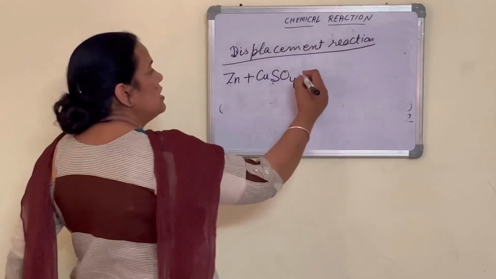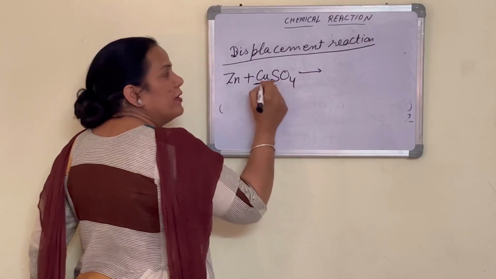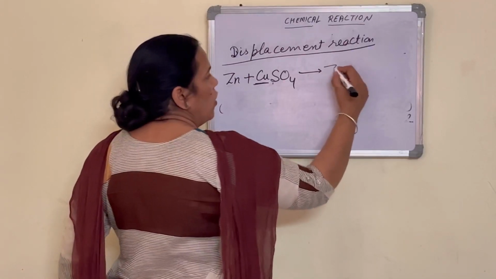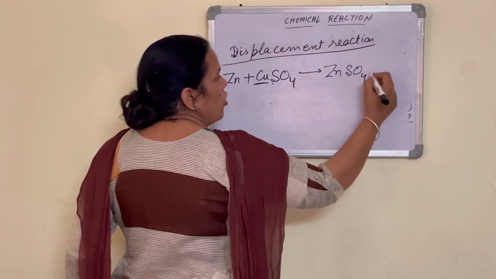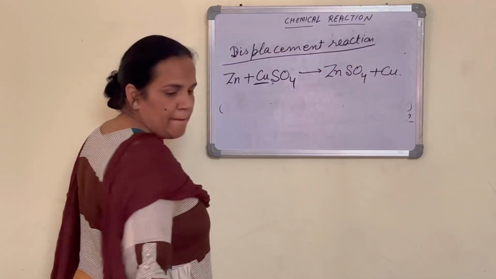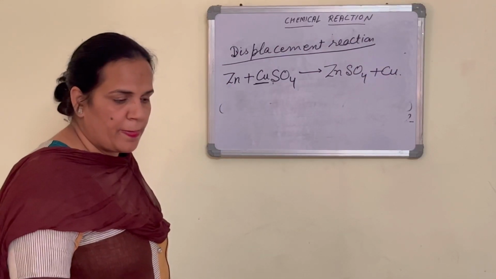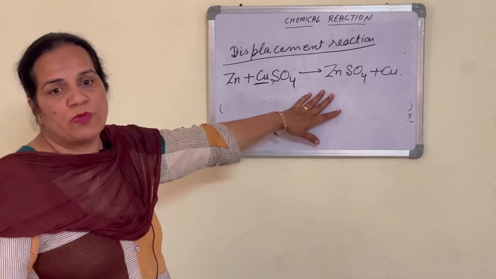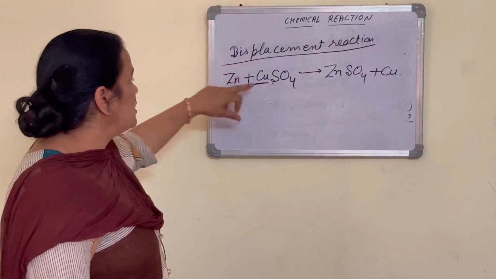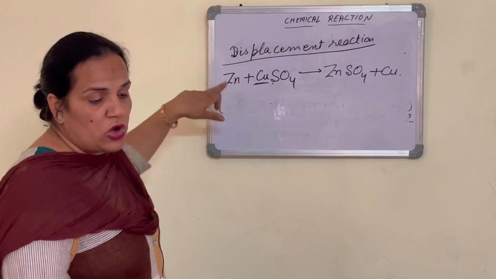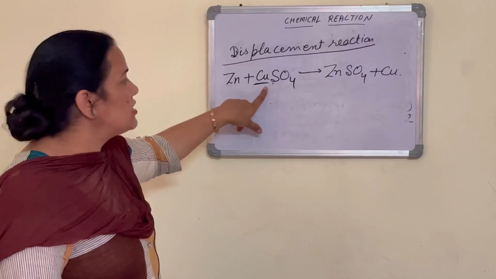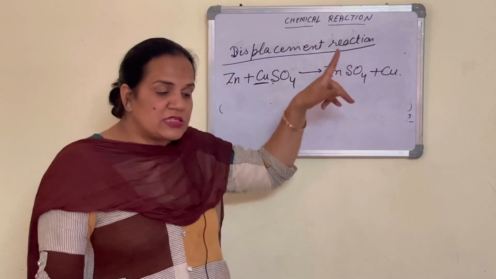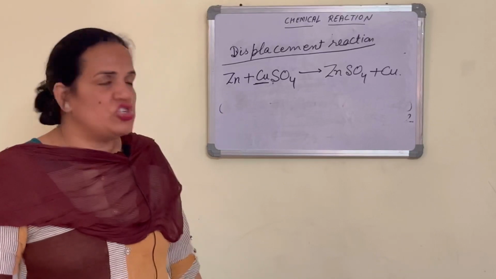In this case, zinc replaces the copper, so the reaction gives zinc sulfate plus copper. This is the displacement reaction. Copper is less reactive than zinc.